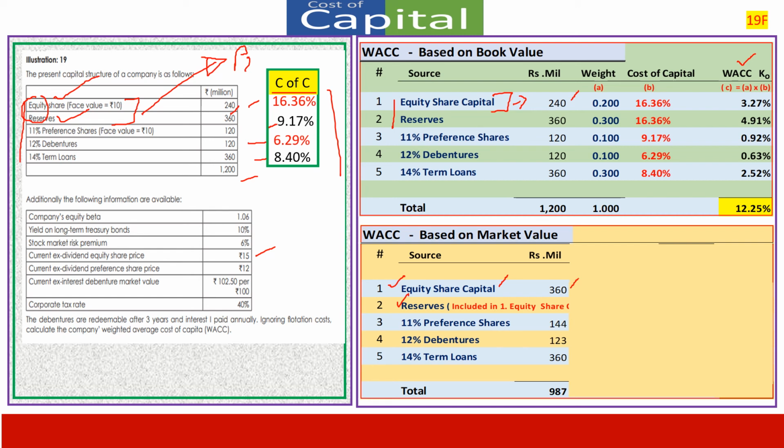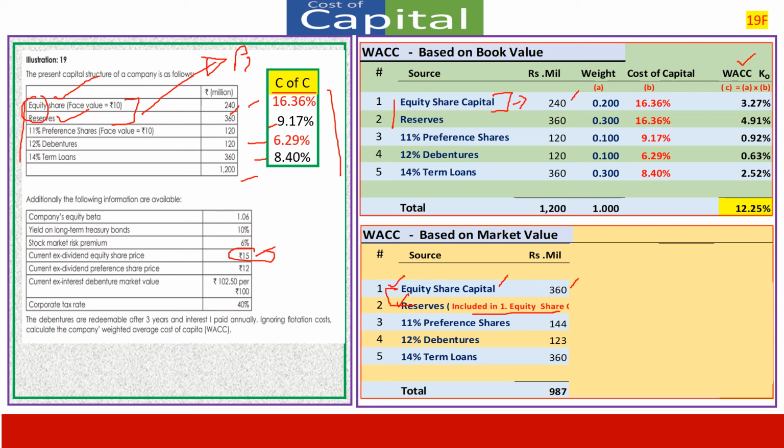What about reserves? Reserves should not be shown separately because the market price of 15 includes both equity and reserves. Therefore, we can put a note: included in equity share capital. This is nothing but 24 million into 15 is 360.